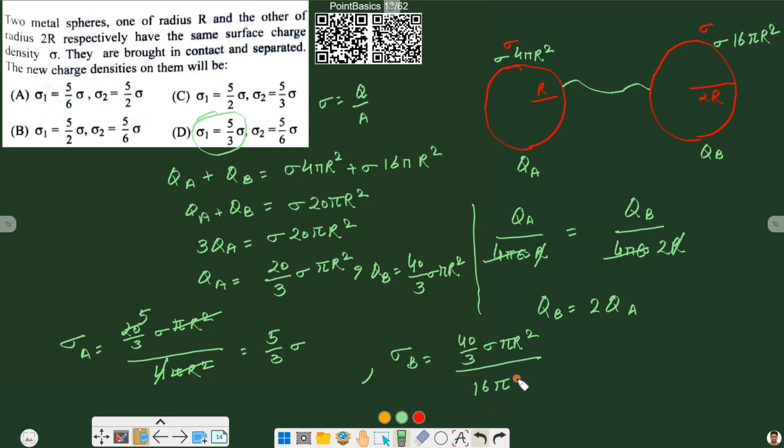So pi r square gets cancelled, and 40 by 16 reduces, 10 by 4, 5 by 2. So 3 will go to the denominator, giving 5 by 6 into sigma. So the second option also satisfies. So option D is the right answer here. Moving to the next question.